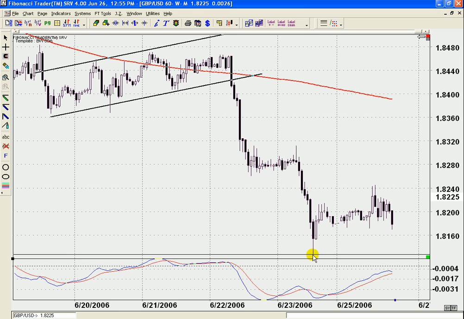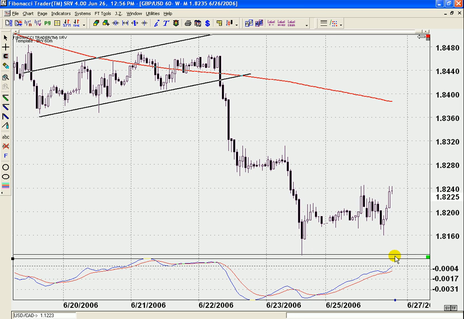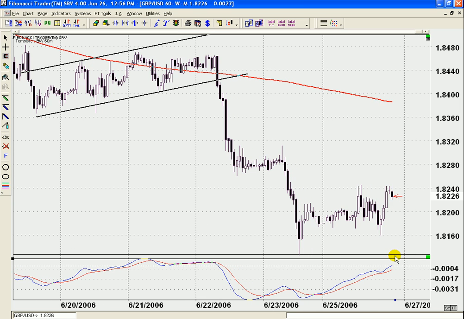Furthermore, if this comes down to test this level, then I'd be even more interested in taking a long here. If it comes down and tests and shows weakness, then I'd really want to see a long at this stage. And as of today, price is here and moving upward.